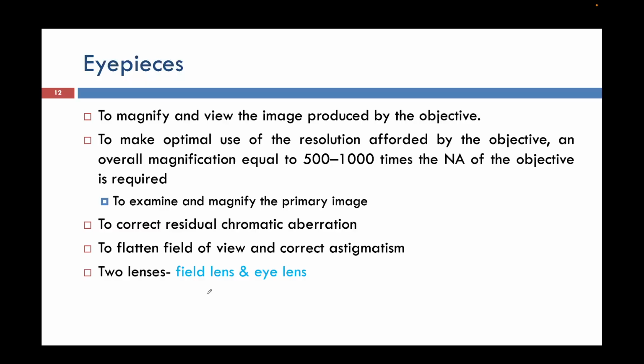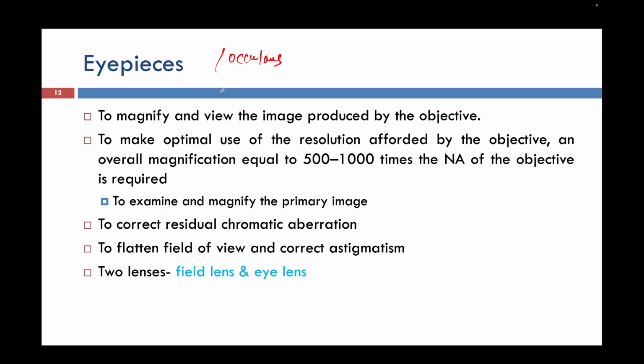Then, to see it, we still need a little bit higher magnification, and that we generally get by the eyepiece lens, which is sometimes also known as the ocular. The function of these eyepieces is to magnify and view the image produced by the objective.